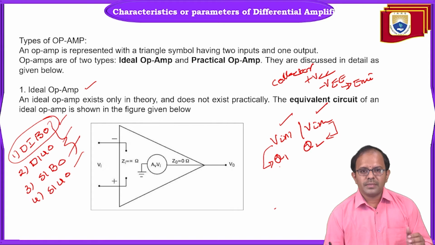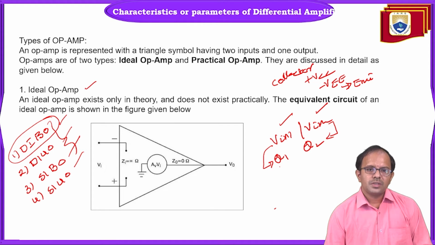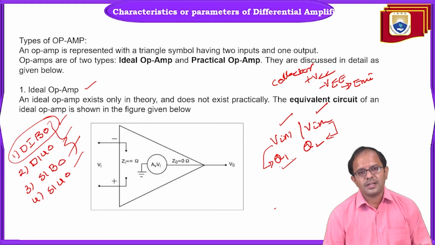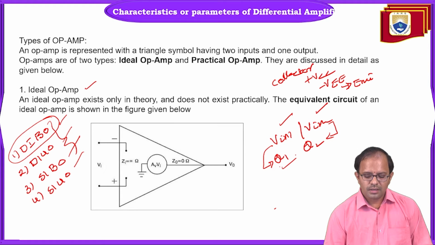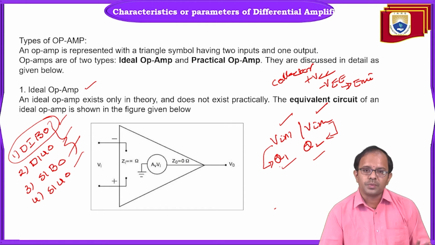So it is not mandatory to apply both inputs to the corresponding base terminals of the transistors. It may be that Q1 will be excited by means of an external generator, or Q2 will be excited by means of your external function generator, right? That is the meaning of single input.